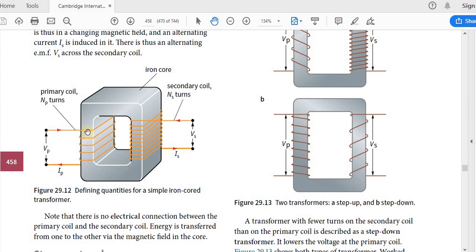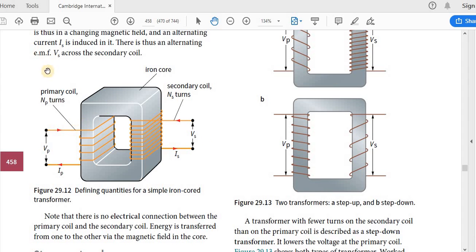All the magnetic field lines should be inside this. You shouldn't have anything out of the iron core, because of the iron core only all the magnetic field lines are passing through it. That strengthens the magnetic field passing through this. So that's how it becomes more efficient.